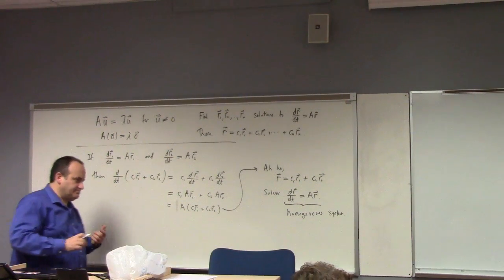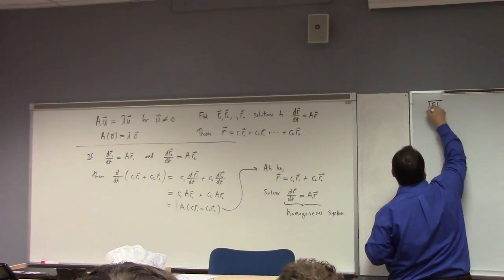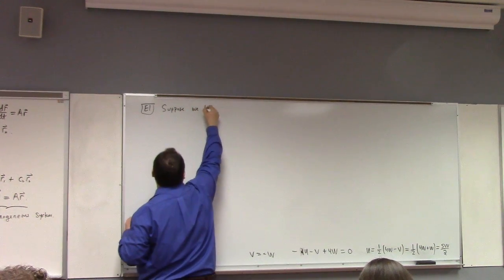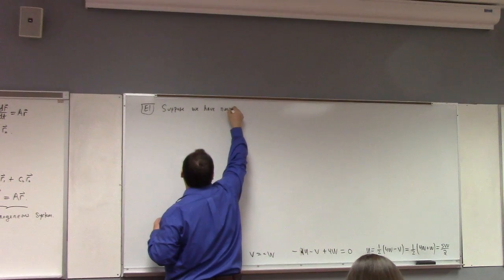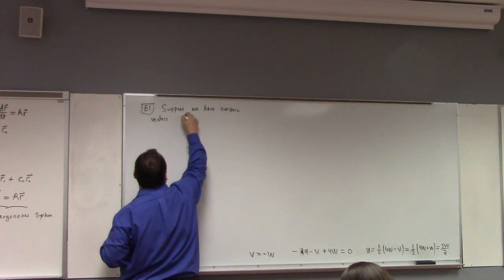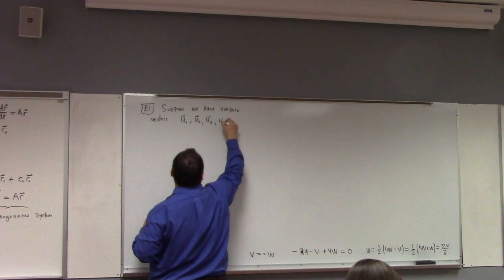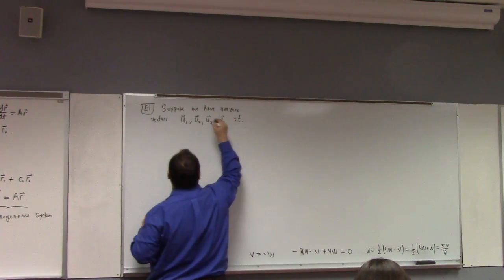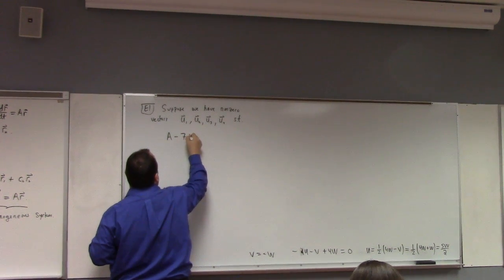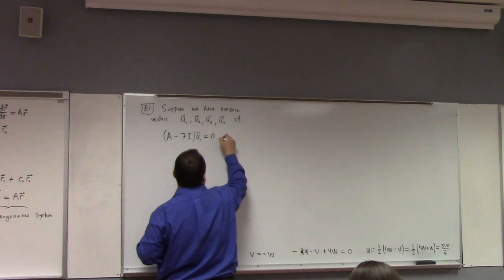All right, so let me do a symbolic example. Suppose we have non-zero vectors u1, u2, u3, u4, such that (A minus 7i) times u1 is equal to 0.